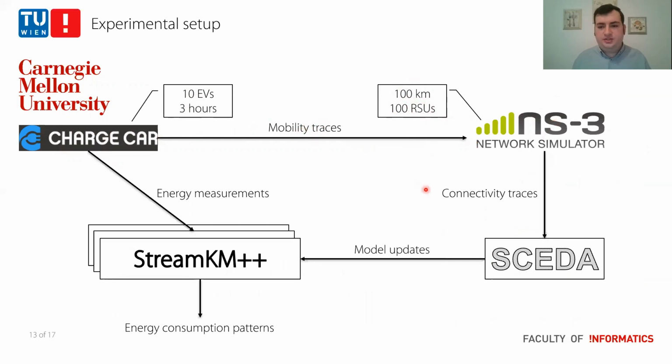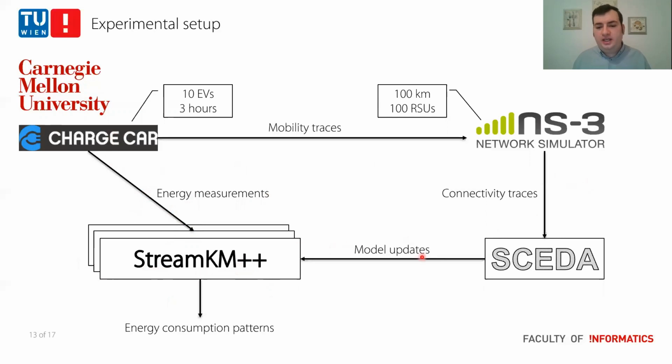Then we have these connectivity traces, but this Charge Car dataset also contains energy measurements from the electric vehicles. And we use this data to train independent clusters. We use an algorithm that is widely used for streaming data called StreamKM++. And these independent algorithms only use the local data.